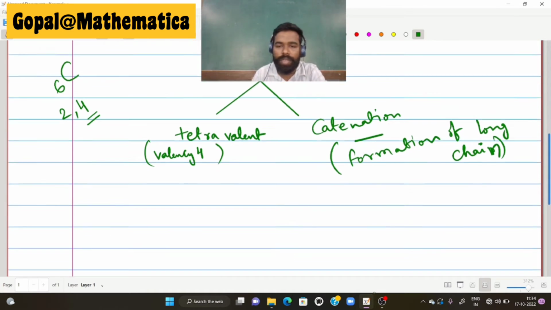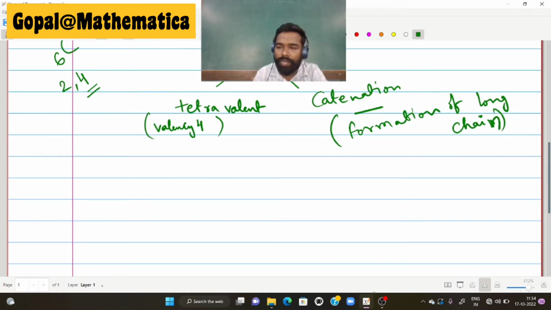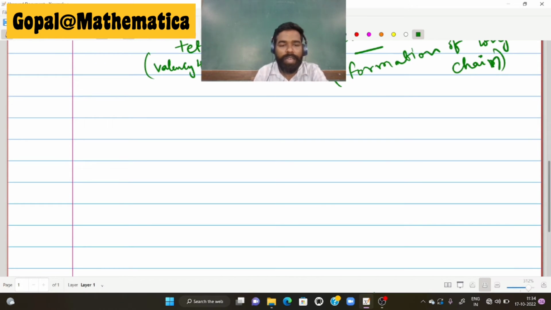Next, we have a few names for the number of carbons. If I have one carbon, we give the name meth in organic chemistry. When we have two carbons, we give eth.